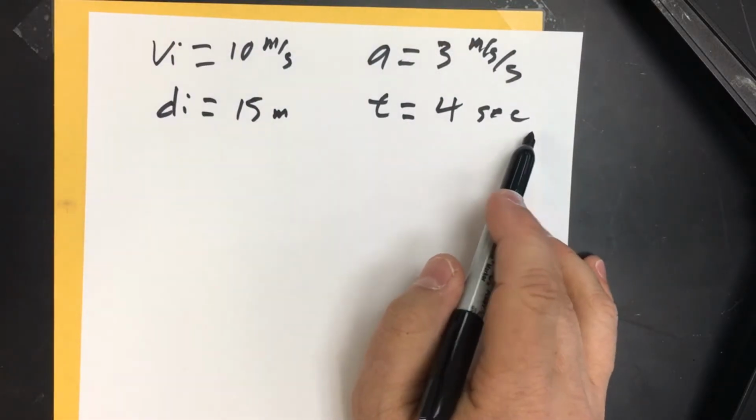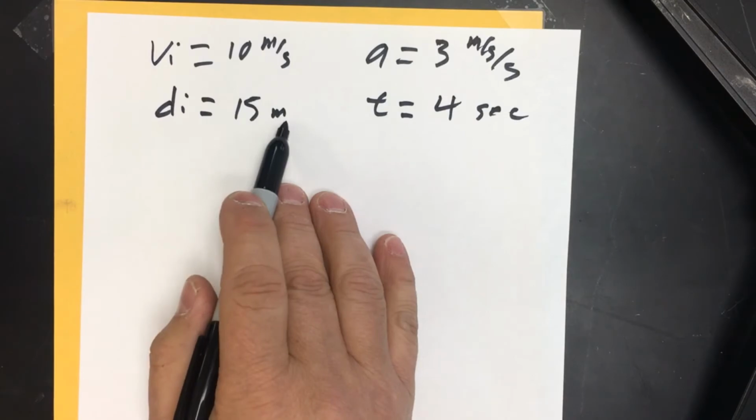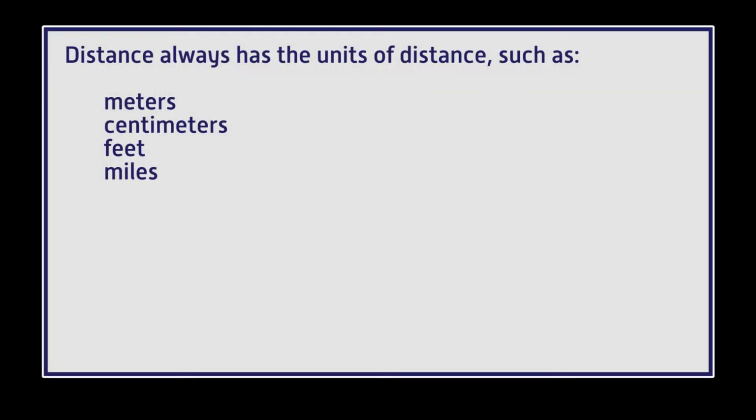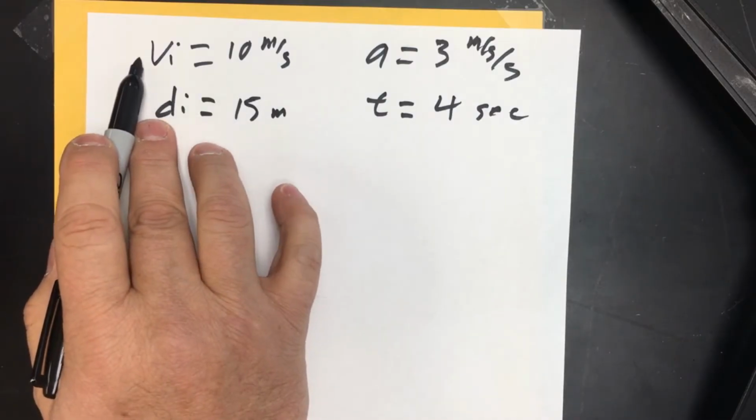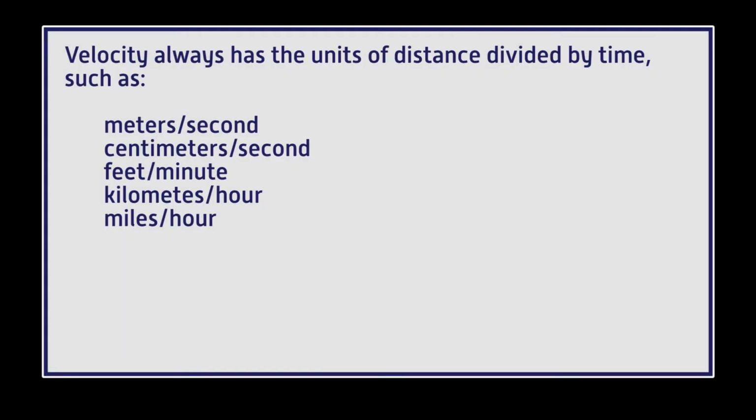Time is going to be time: hours, minutes, seconds. Distance is going to be distance. Velocity is going to be a distance divided by a time. So just using the units, you can figure out where they go in the equation.